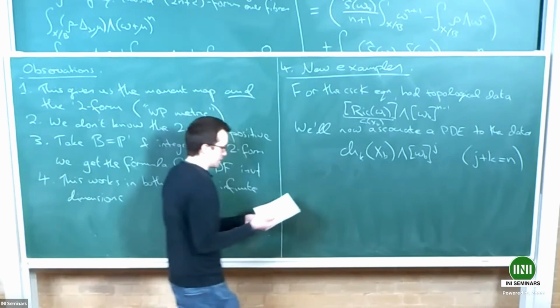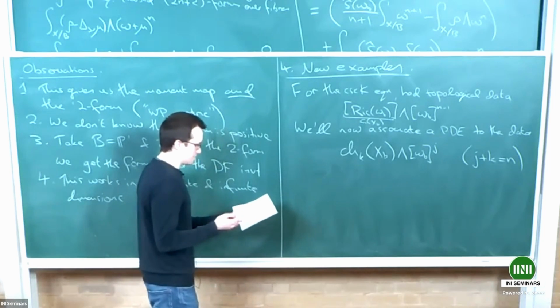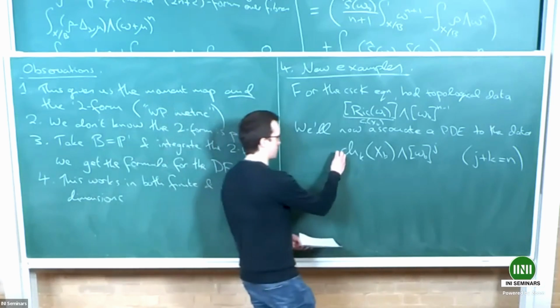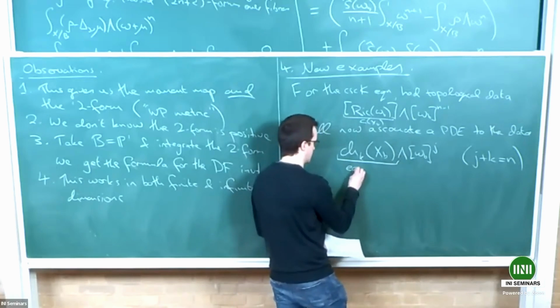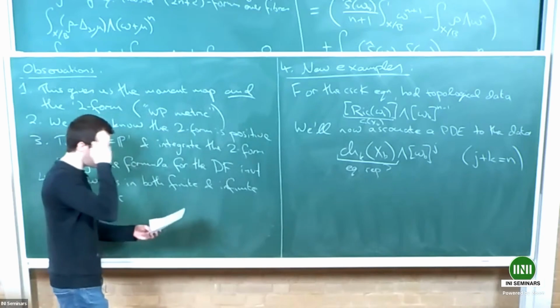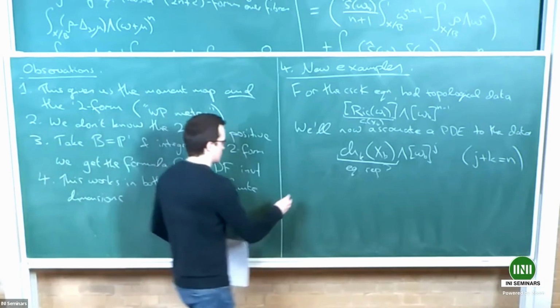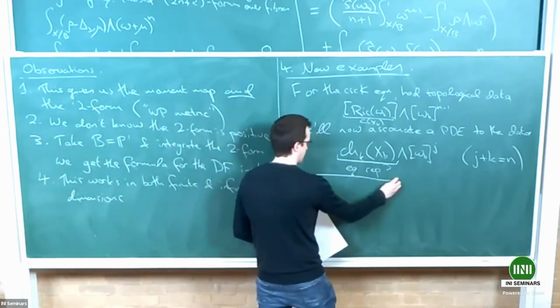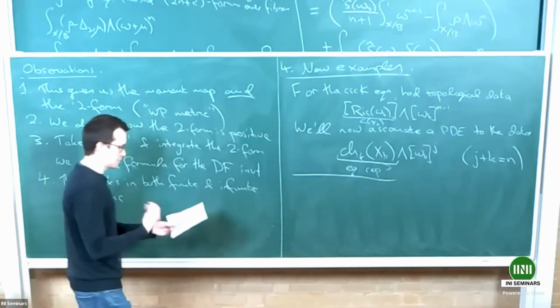And before I do that, I now need to give an equivariant representative of the Chern character. So let's go back to the non-relative setting.